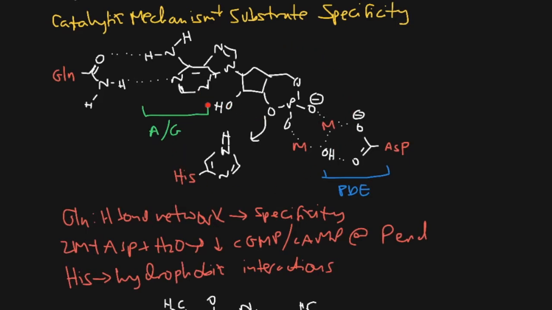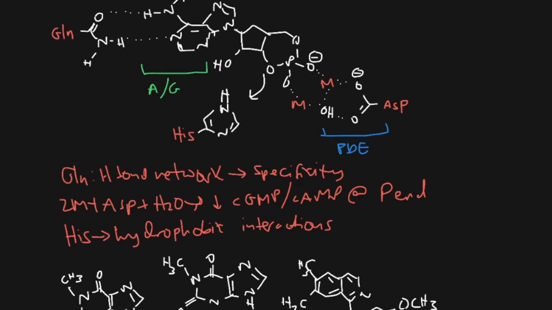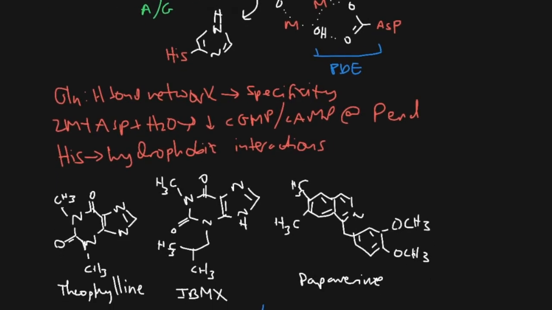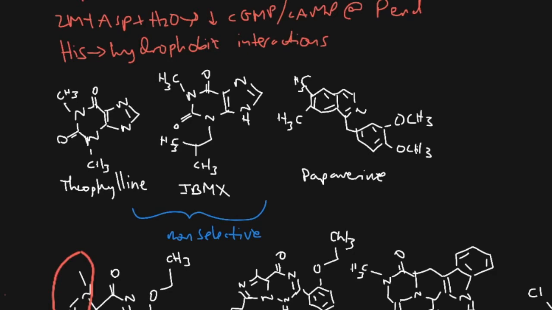Remember that the histidine residue in PDE is responsible for hydrophobic interactions, which further breaks down cyclic GMP or cyclic AMP. There's two types of PDE inhibitors which stop the breakdown of cyclic GMP or cyclic AMP by stopping PDE. And these PDE inhibitors are theophylline, IBMX, and papaverine.